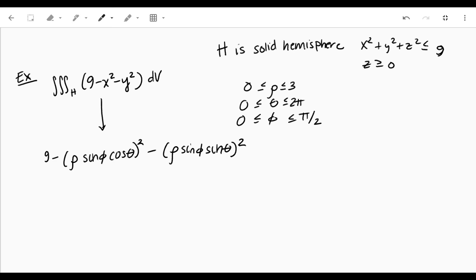Okay, so 9 minus, we can factor out a rho squared sine squared phi. And then we're left with cosine squared theta plus sine squared, because of that double negative there, which is just 1, right? So then we have 9 minus rho squared sine squared phi.